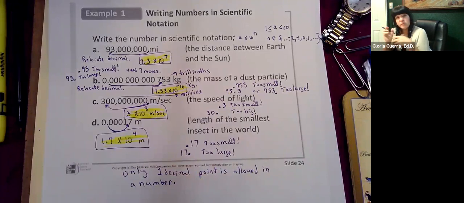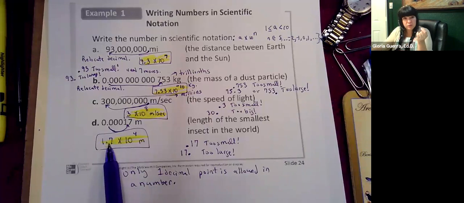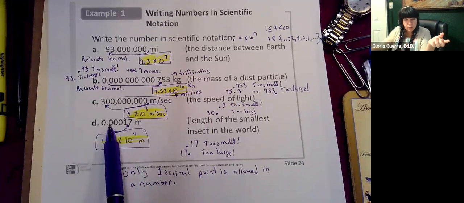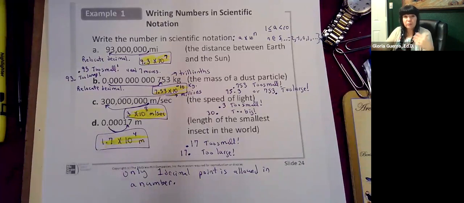Because sometimes people, when they write their answers up, want to have two decimals. Like they want to keep the original where the original decimal is at, but then they want to blend that in with this new move. And so you shouldn't do that. Just only one decimal point is allowed in the number.